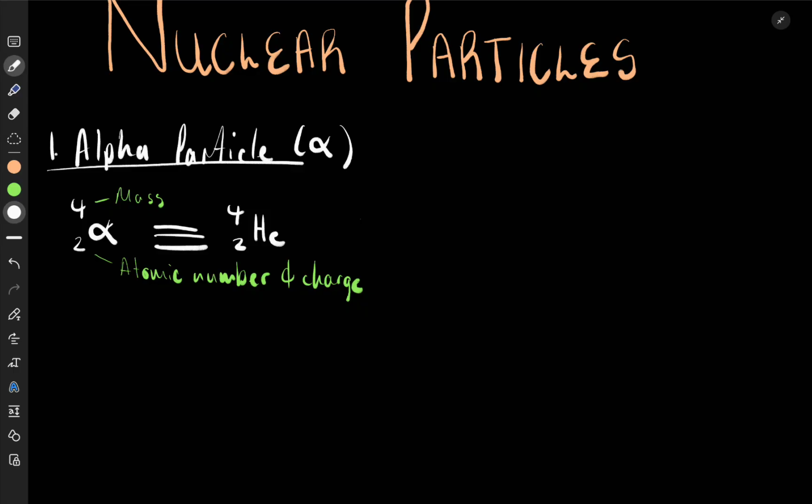We're not going to talk about helium in nuclear physics except for this situation. It is not a helium atom. It is the helium nucleus. We are not including the electrons. That is why it will have a charge of 2 plus, or positive 2, because it is the helium nucleus, not the atom, please.